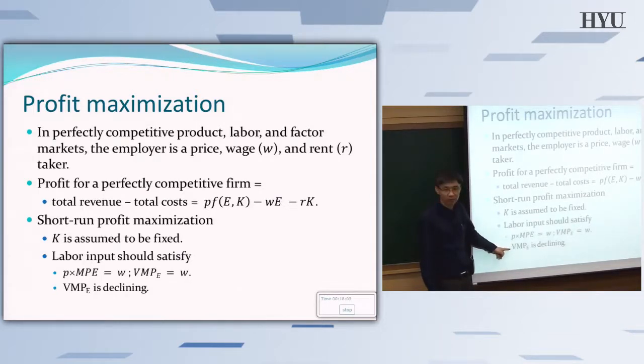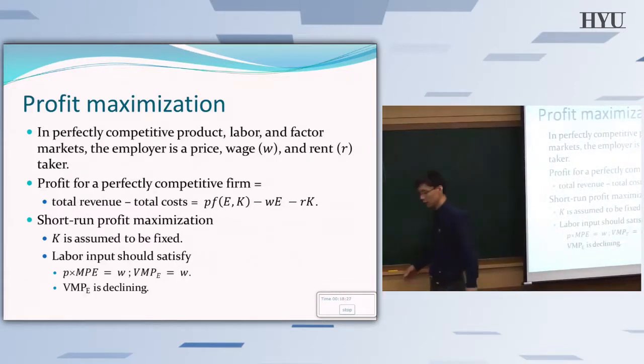Assume that VMPE is increasing. Then this cannot be the profit maximizing condition. Why? The pie is getting bigger if you produce more, right? Get it?